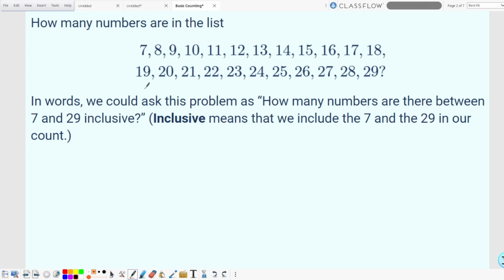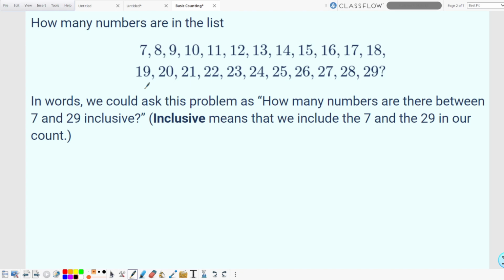So, in other words, it's asking how many numbers are there between 7 and 29 inclusive, where the word inclusive means we're including 7 and 29 in this total. So, you could count out every number from left to right, and you'll get that the answer is 23, right? No problem.